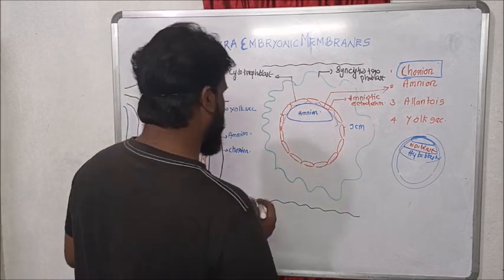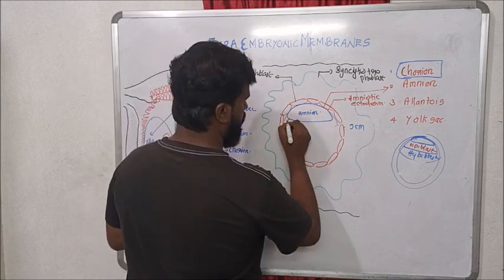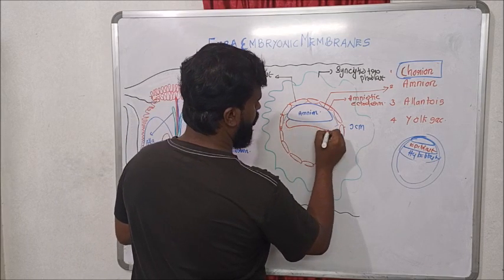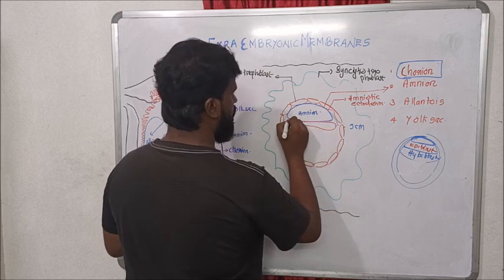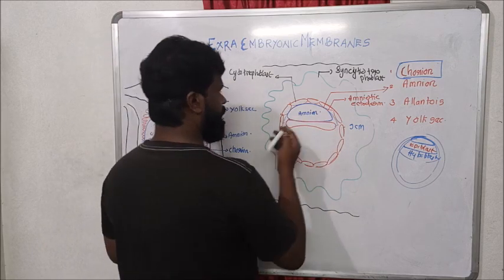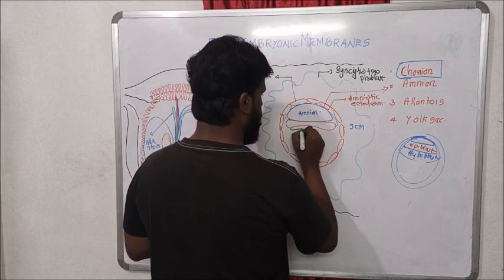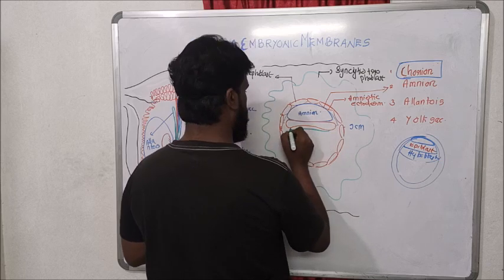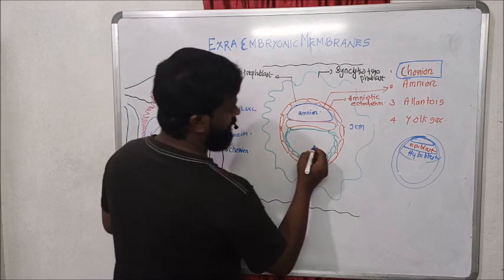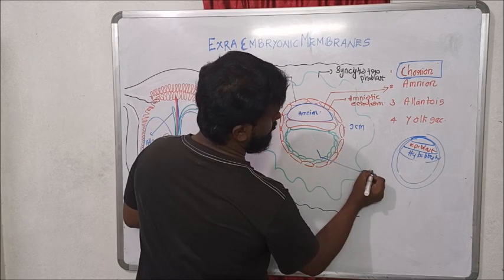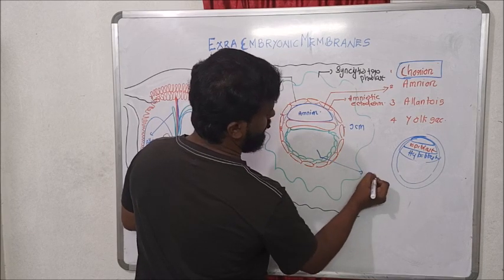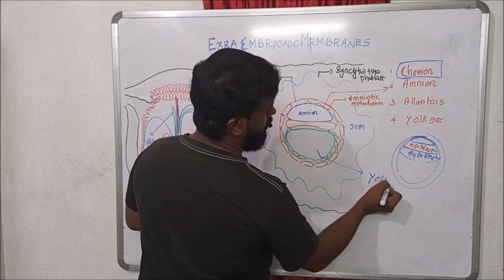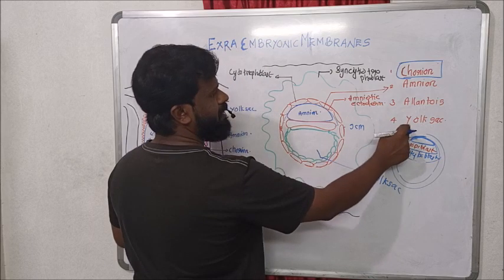Then it contains the embryo. This is the embryonic portion. This is the primitive yolk sac. This part is the yolk sac, another extraembryonic membrane.